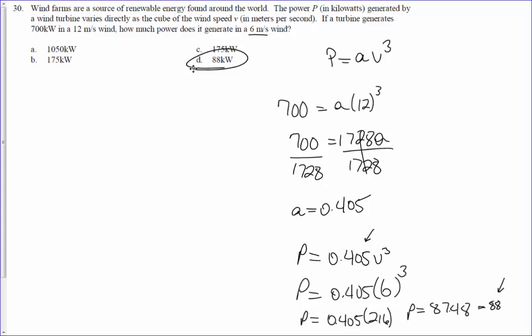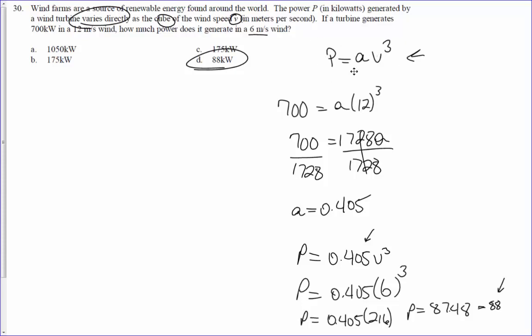All right, so again, you just need to set up your equation first. The power generated by a wind turbine varies directly as the cube of the wind speed. So this right here tells us we're using direct variation. So we know that power equals some constant of variation times the cube of the wind speed V, so times V cubed.